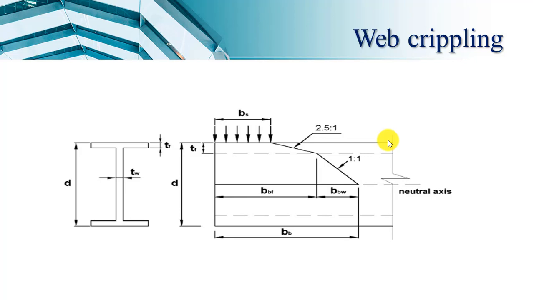In short, as per the name, we can conclude that if the support is not provided along the lateral direction, then the beam will be designed as the laterally unsupported beam. And if the support is given in the lateral direction, then the beam will be designed as the laterally supported beam. As far as this course, Structural Design 1, is concerned, mainly these two types are considered: the laterally supported beam and the laterally unsupported beam.